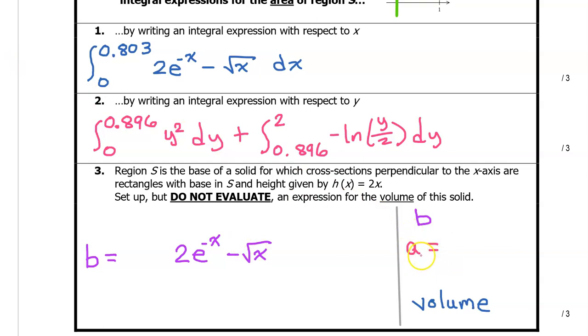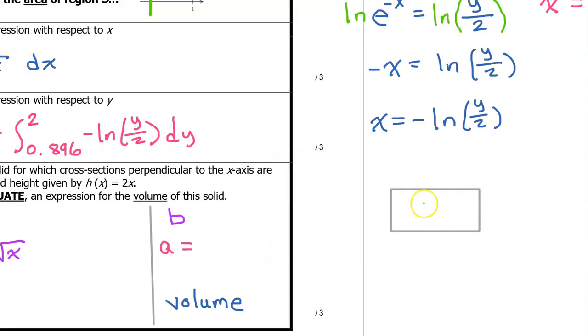Next, we need to come up with an expression for the area of a single slice in terms of the base b. Remember that in this case, each slice is in the shape of a rectangle. Imagine that this rectangle represents a single slice. The bottom of the rectangle is the base of a slice, which is b. We need to find an expression for the area of this rectangle, and we know that the area of any rectangle is base times height.